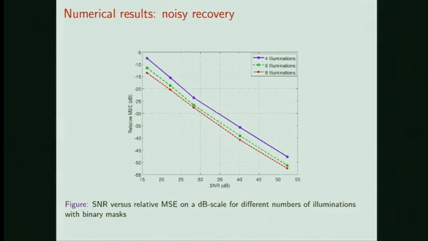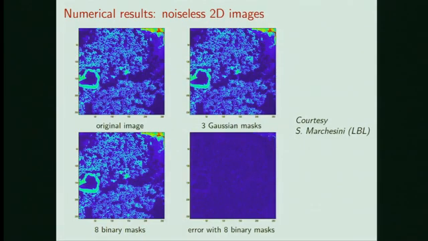At high SNR you do very, very well, and at low SNRs you have a very smooth, graceful degradation of the quality of the recovery, which means that you can look at imaging. And so what we can do in collaboration with Stefano Marchesini is image stuff that is fairly complicated from phaseless measurements with these techniques, and we get good results at low and high SNR.